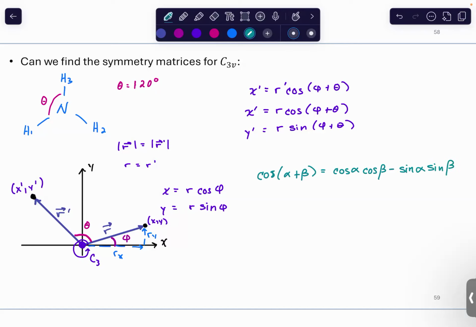Then sine of alpha plus beta. And this is why we like tables. Mathematicians worked this out already. We don't need to rework that identity. Sine alpha cosine beta plus cosine alpha sine beta. All righty. So we're going to use those identities on X prime and Y prime.